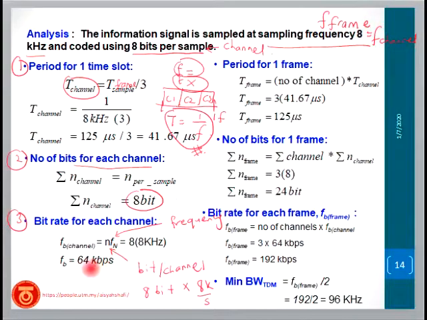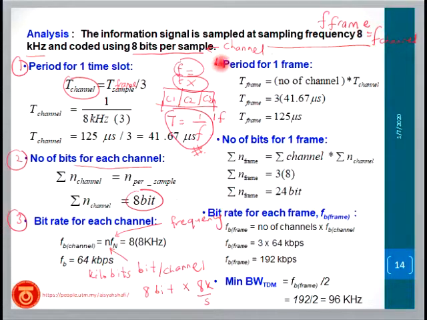That's why we get 64 kilobits per second. So the bit rate for each channel is 64 kilobits per second.